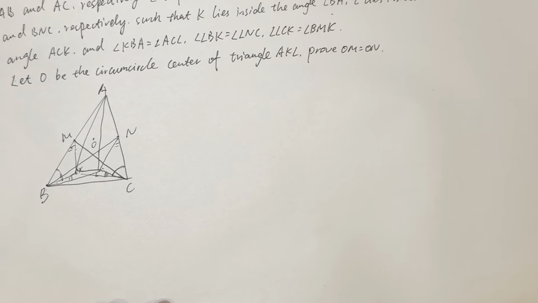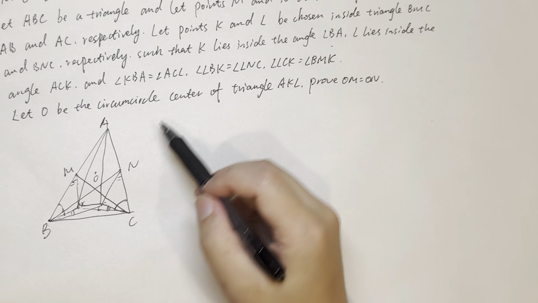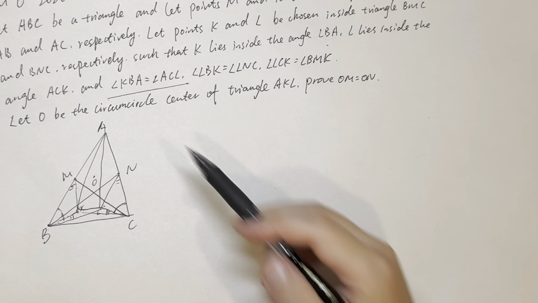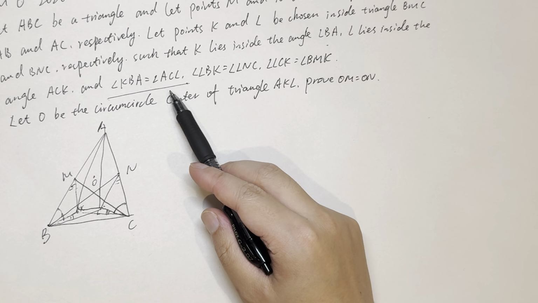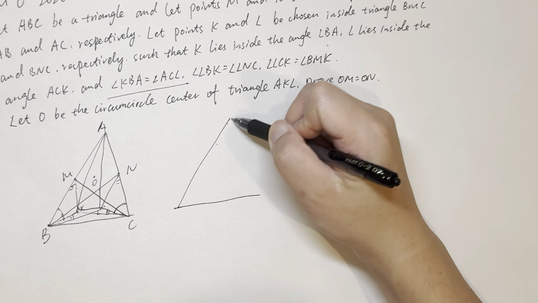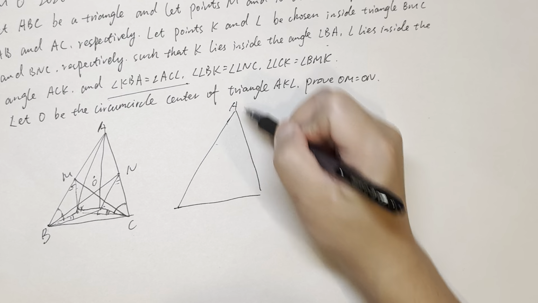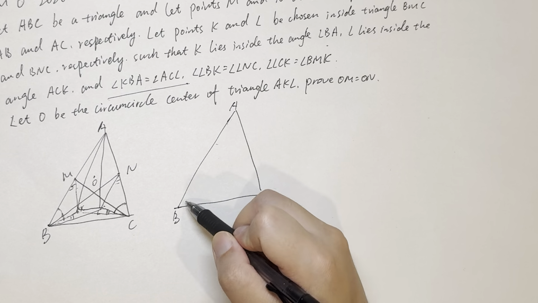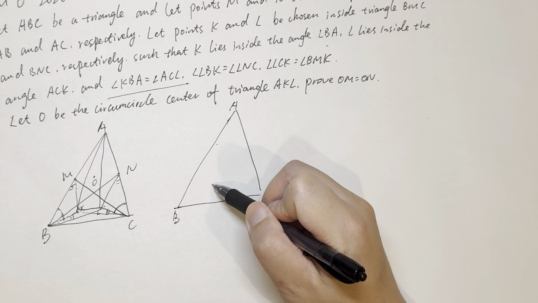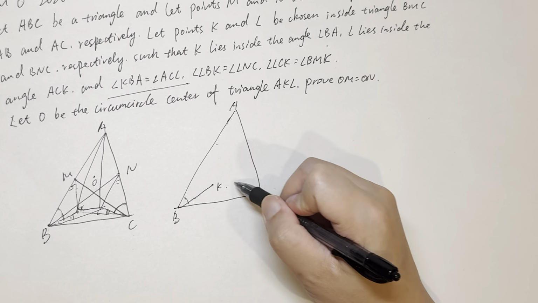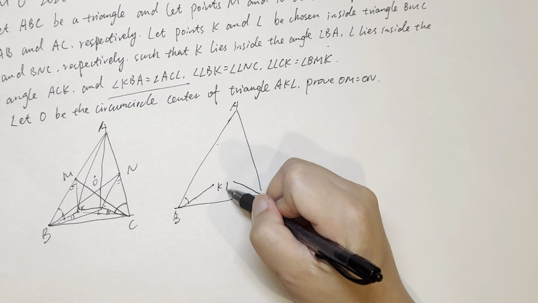So where do we start? Actually, let's start with the condition that angle KBA equals angle ACL. If we just draw the triangle ABC here, we have points such that angle KBA equals angle ACL, right?